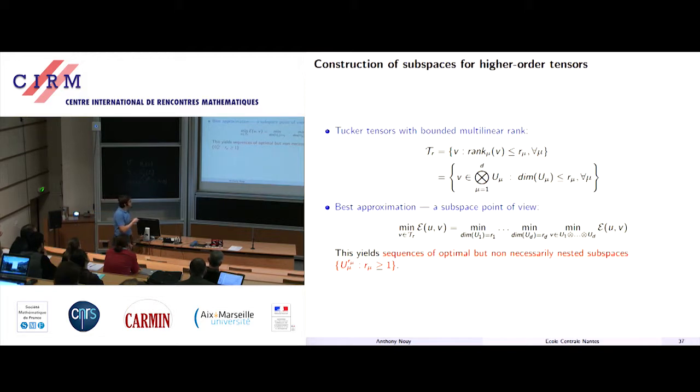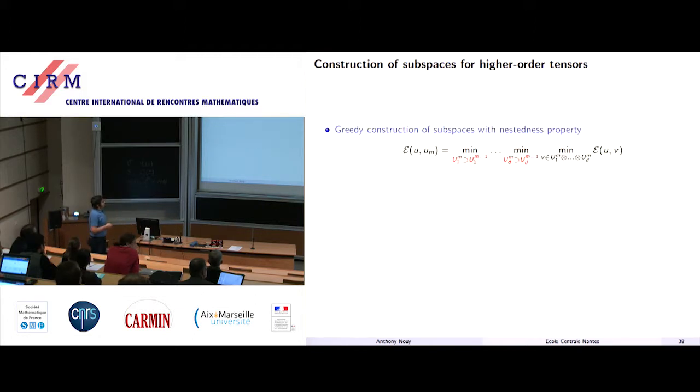So in some way, optimizing a function in this set is equivalent to finding reduced approximation spaces to approximate your function. In terms of multivariate functions, you try to find an R1 dimensional space of univariate functions of the first variable x1, a subspace of functions of the second variable of dimension R2, etc., etc.